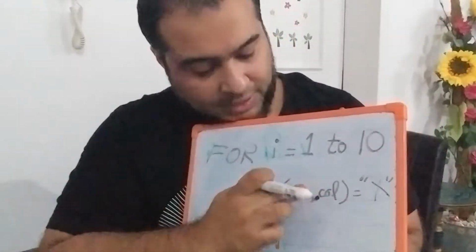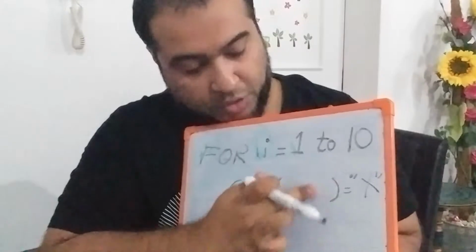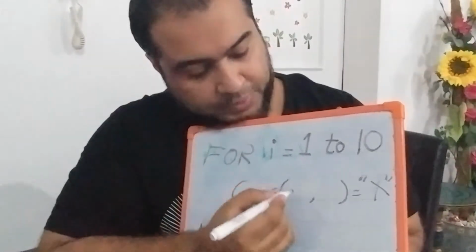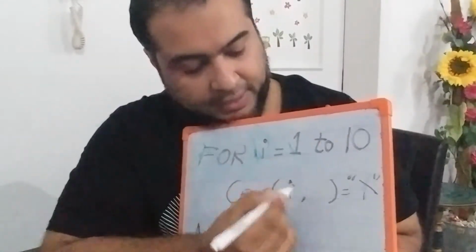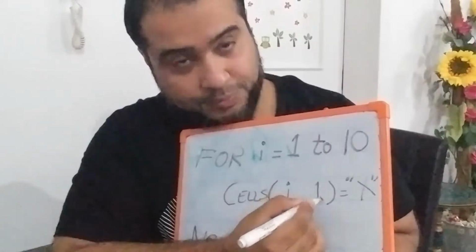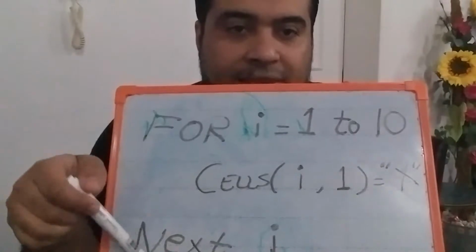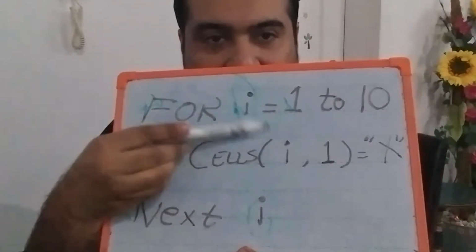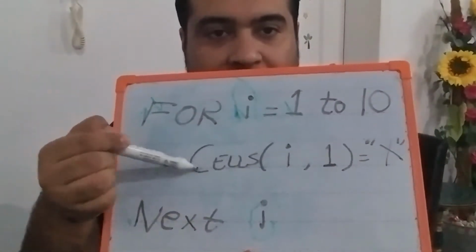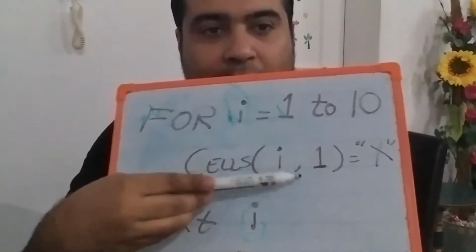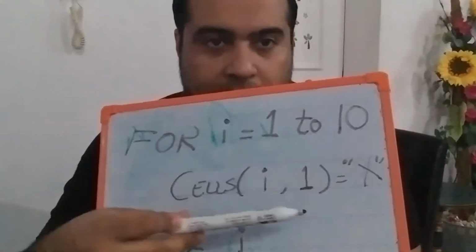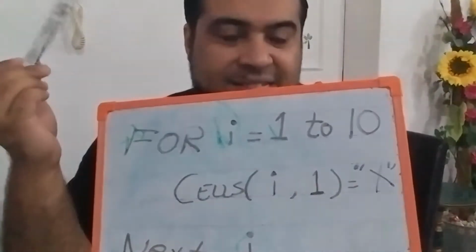So in this place I put I, and here I put 1. It will run this loop 10 times. The first time the value of I will be 1. It will go to Cells(1, 1), first row, first column, and change its value to X.